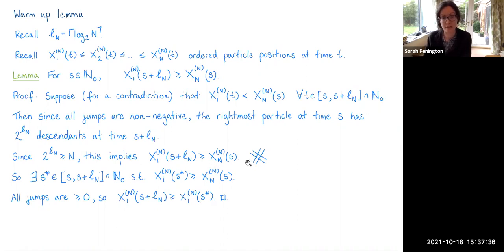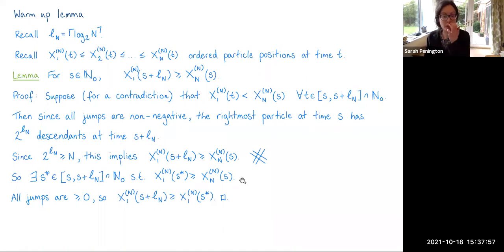But that's a contradiction, because it contradicts this assumption up here with t equals s plus ln. So this assumption has to be false, and so there has to exist a time s star between s and s plus ln, such that x1n of s star is at least xnn of s.